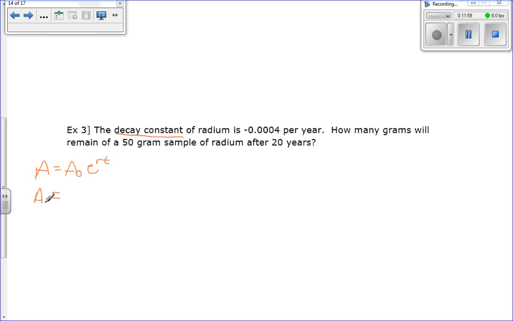So my starting amount in this case is 50 grams. My r value is actually given to me as a decimal. So this one I can just copy right from the problem: negative 0.0004. And then t in this problem is 20 years.